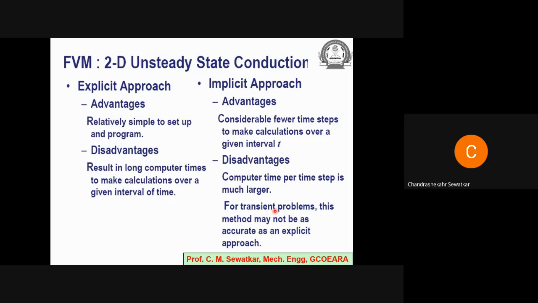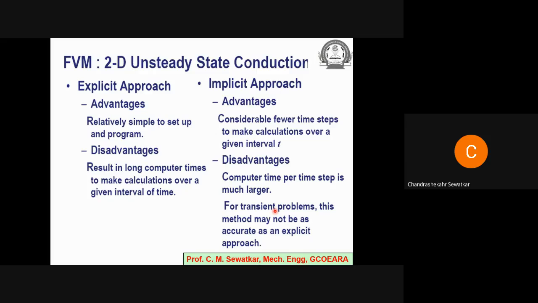So if I keep delta t at 0.1 for carrying out the simulation up to 10 seconds, I will have to do 100 iterations. And in order to obtain this stable or converged solution, I need to keep delta t as small as possible.